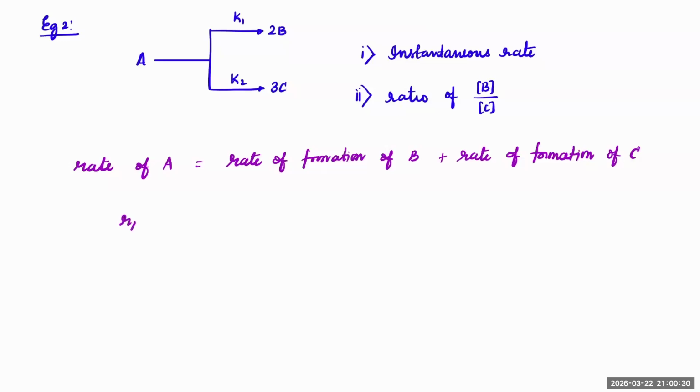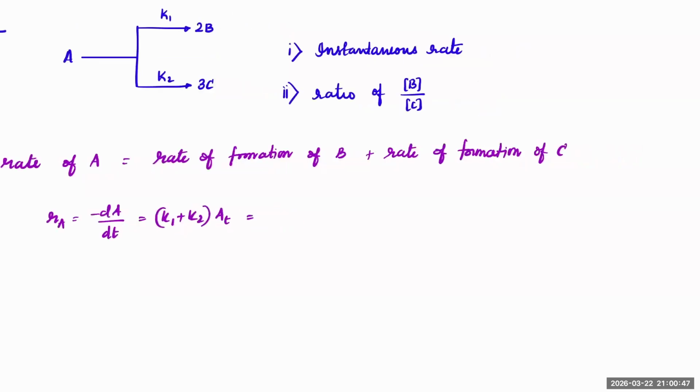Rate of A, which is minus dA by dt, must be equal to K1 plus K2 into A at T. But at the same time, if you write in terms of B and C, that will be plus 1 by 2 dB by dt plus 1 by 3 dC by dt.